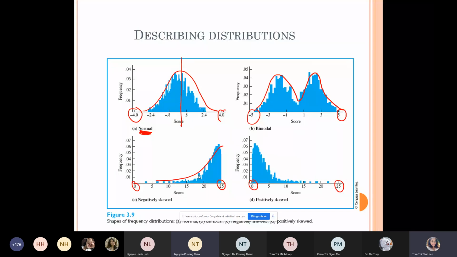And the last picture is positively skewed. Remember that when you look at the data, you have trouble if your data have three kinds of shape: bimodal, negatively skewed, or positively skewed. And it is normal if it has the bell shape like that.